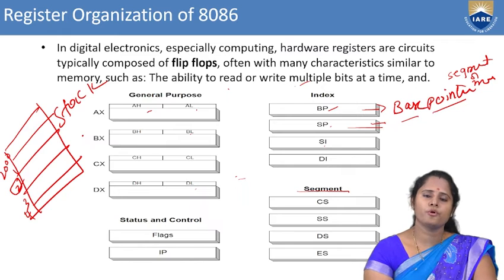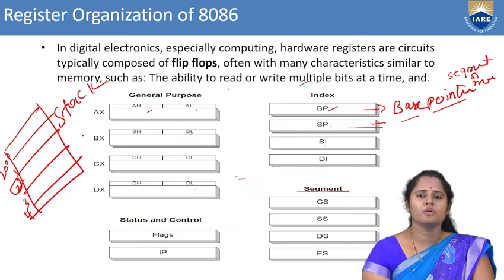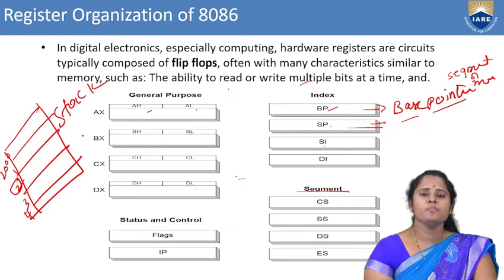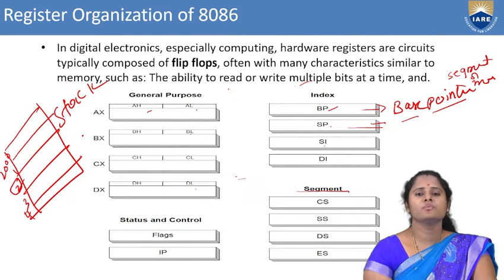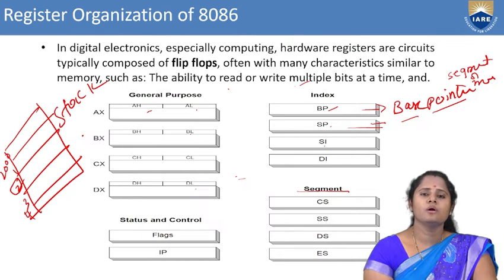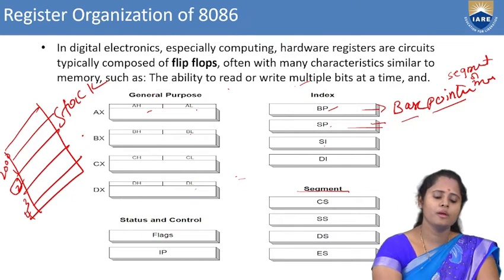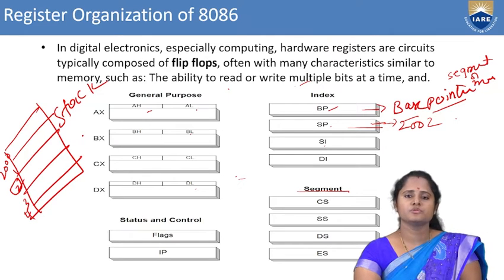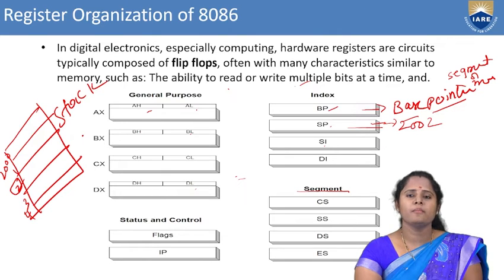Processor knows, but how can we know? That can be stored in the stack pointer. So the stack pointer points out in which stack memory location it is now executing. Now my processor is executing 2002, so my stack pointer should store the 2002 address. So it is pointing out the memory location in which I am working.